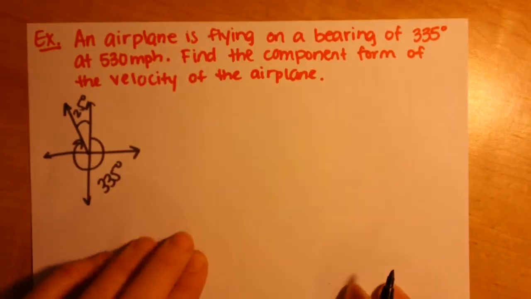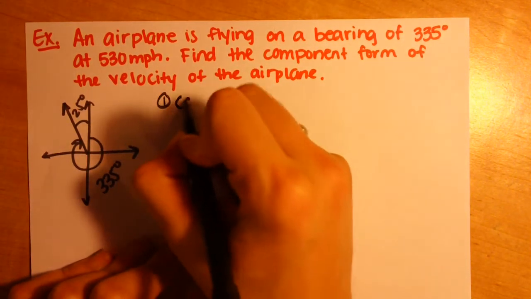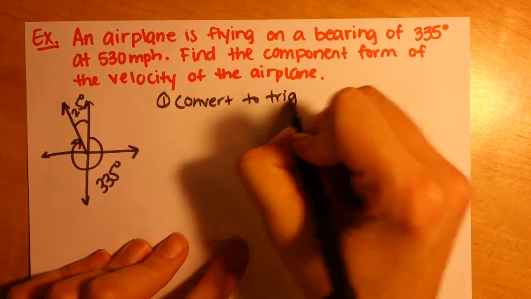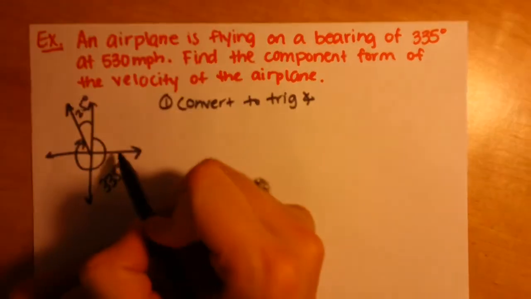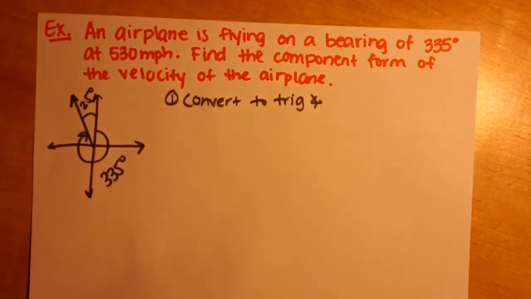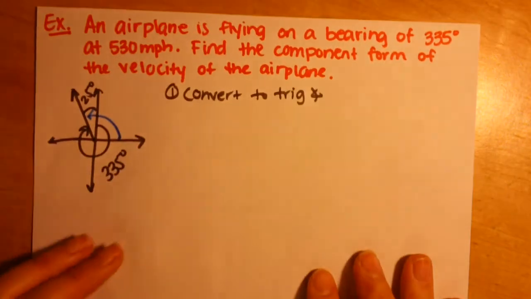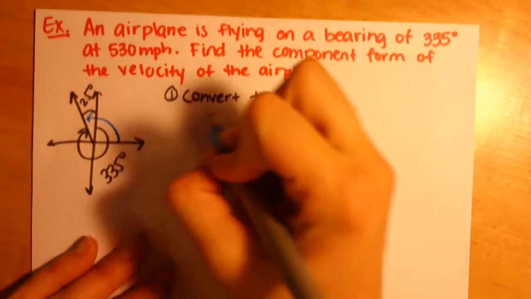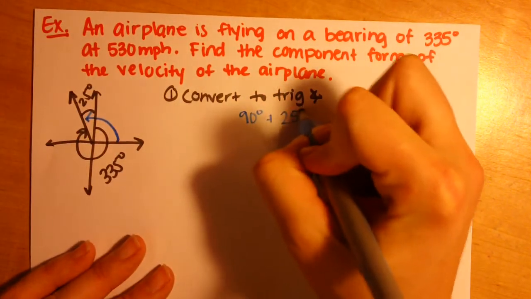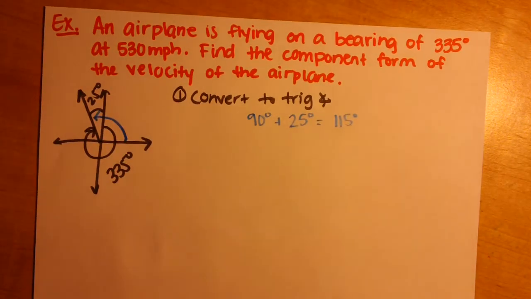Okay? So our direction angle, we want to convert to a trig angle. So we had 335 degrees, we want to know the trig angle. So we want to know this angle here. Okay? So that angle there is going to be 90 plus the 25 degrees. So 115 degrees is our direction angle. Okay?